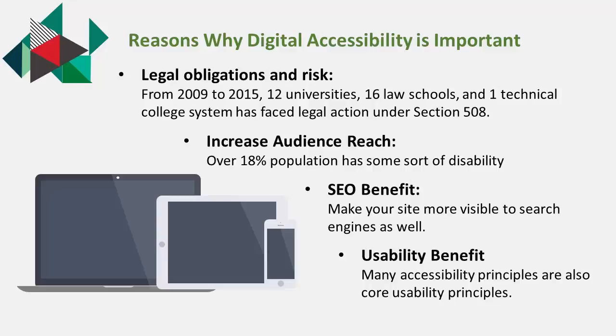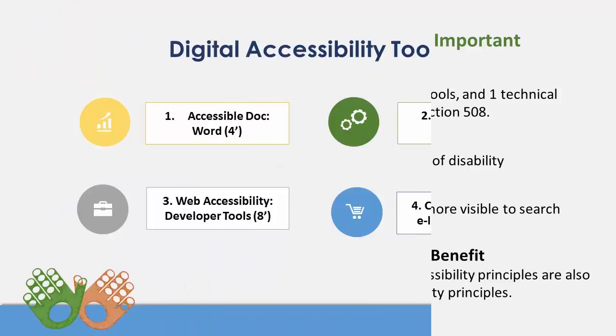And last, usability benefit. Many accessibility principles are also usability principles. For example, in Word, if you use outlines, especially when your document is over 30 pages, it is very helpful for the readers to jump to the page where they have interest in.